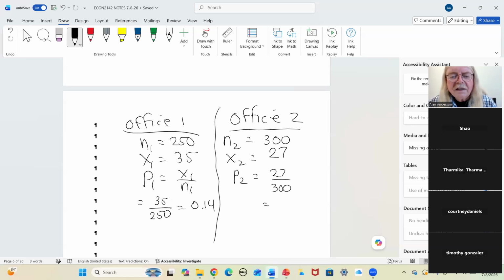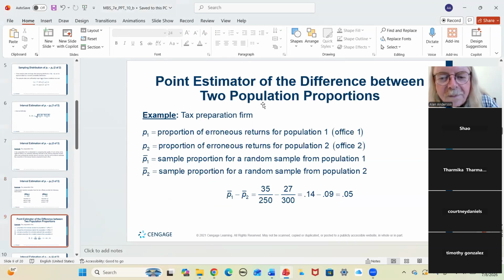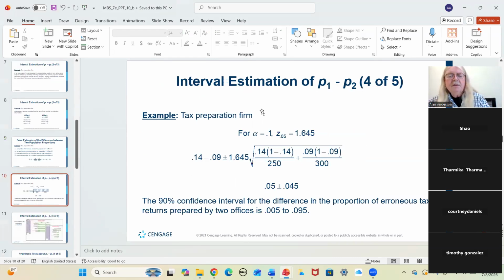Now, that looks like a significant difference, but it's hard to be sure without doing a formal test. So that's what we're trying to find out. We're trying to find out if the two proportions are equal.